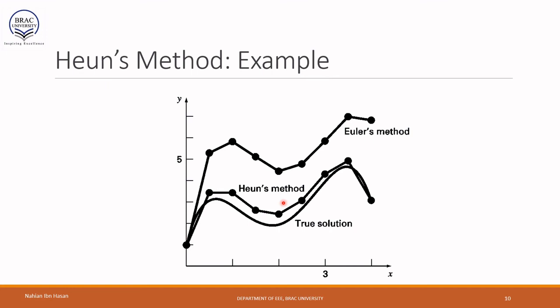It extends the idea of Euler's method. It changes the definition of the slope within an interval, and that's the difference between Heun's and Euler's method. So for this simple extension, Heun's method is providing a much more precise result than Euler's method.